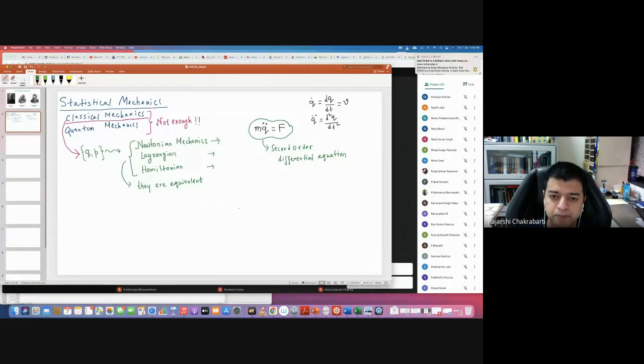Yes, 2. So if, for example, I know the initial position, which I'm calling q at time 0, and if I know the initial velocity, which is q dot at time 0, then I know the future. What does it mean?